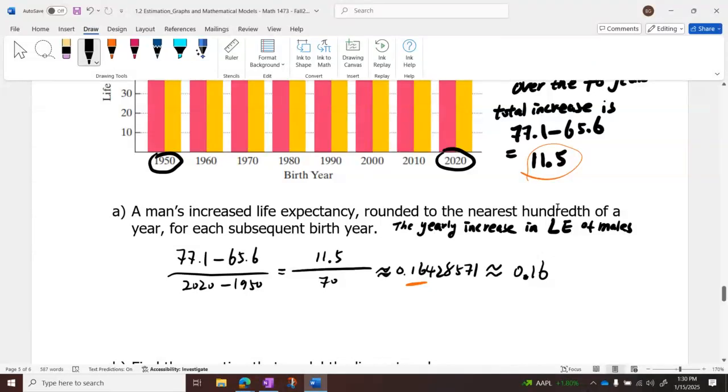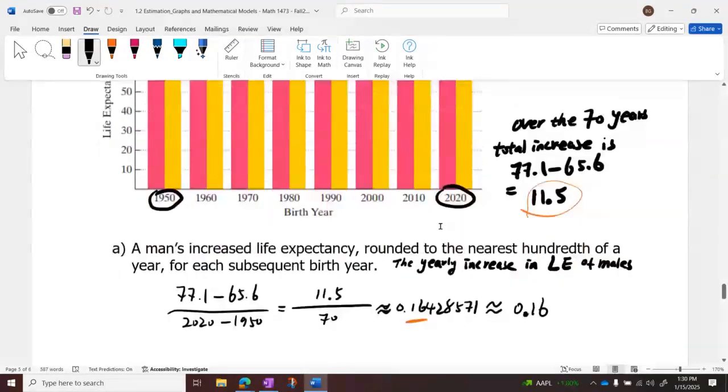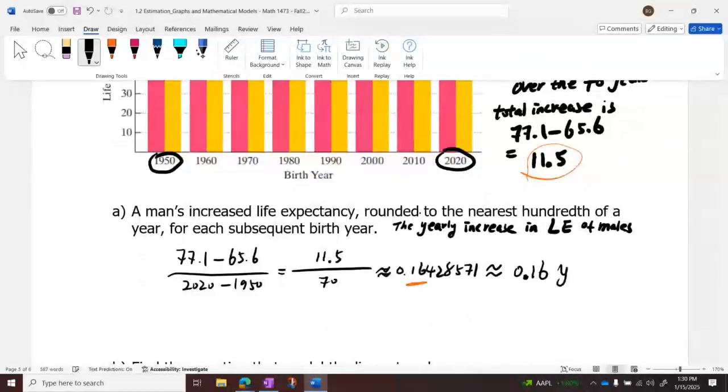Oh no, my bad. So it's just the 0.16. Yeah, it is shy of 2 months, around 2 months. So every year, the life expectancy of males has been increasing. Every year, the life expectancy increased by a little bit less than 2 months.